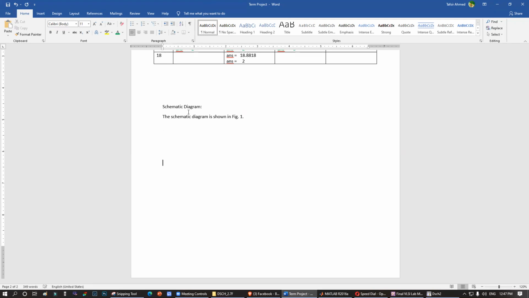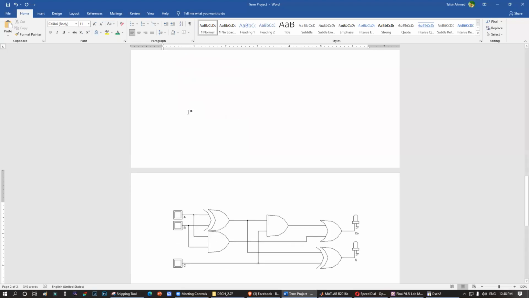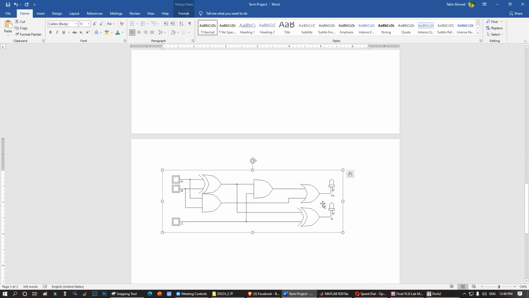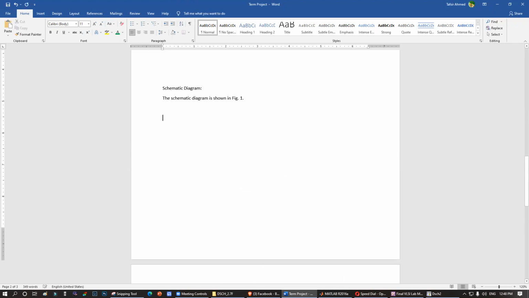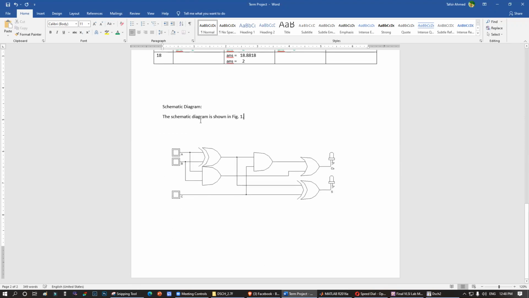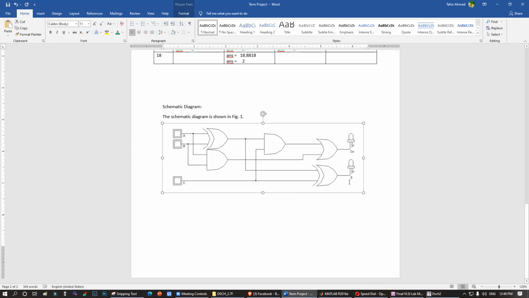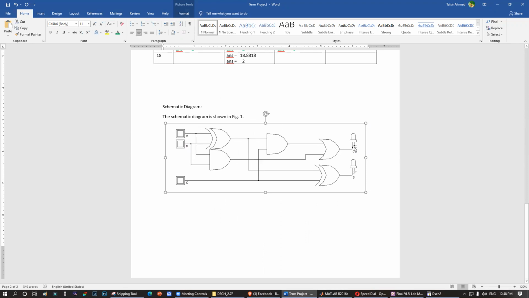Then under that, you will click Control V. You can make it smaller or bigger if you want. You have to put it in the center. Then under that, you have to write the figure name.